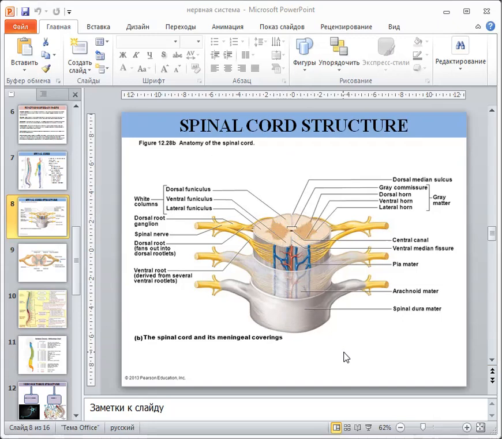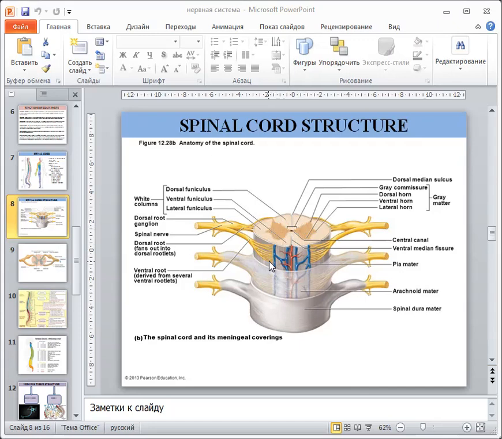Gray matter inside the spinal cord is surrounded on all sides by white matter. In the middle of the gray matter, there is a narrow central channel which contains cerebrospinal fluid. The gray matter in transverse section is butterfly shaped.